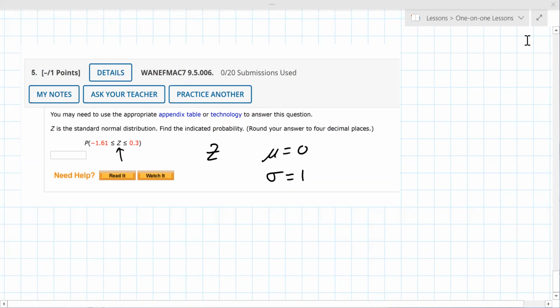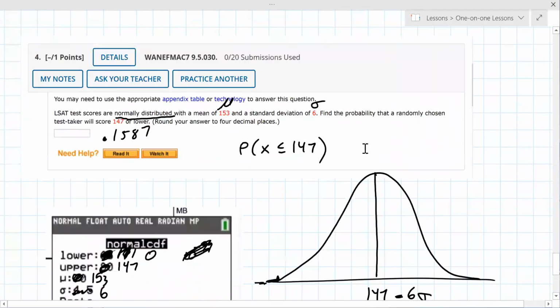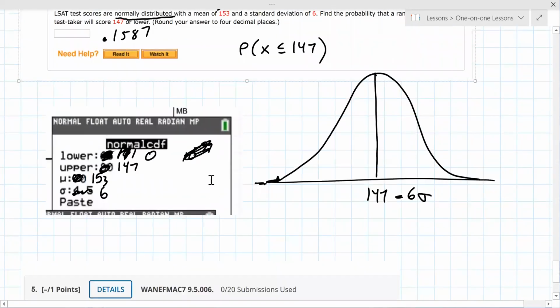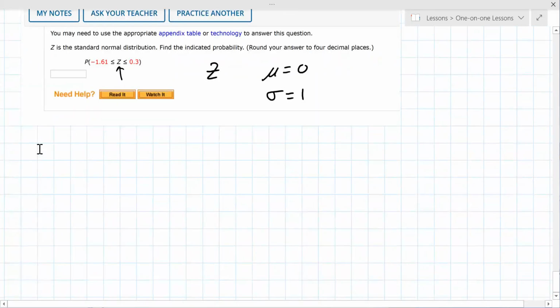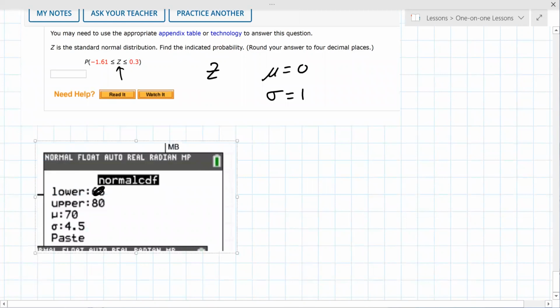So this time, when you go to your normal CDF, your lower is minus 1.61, your upper is 0.3, your mu is 0, and your sigma is 1.